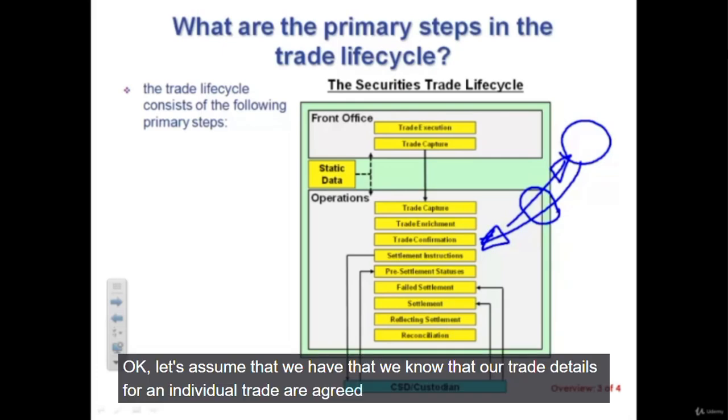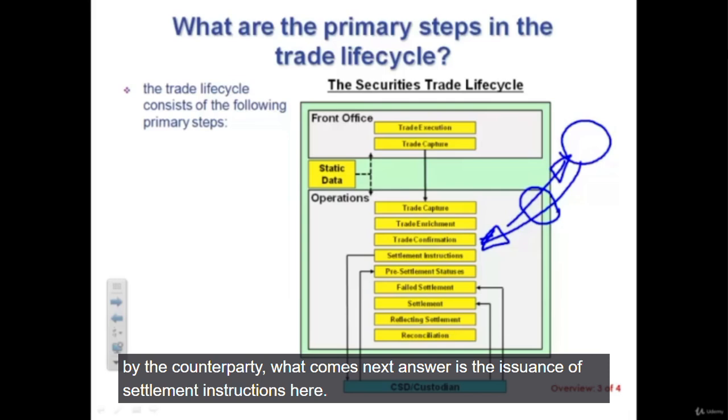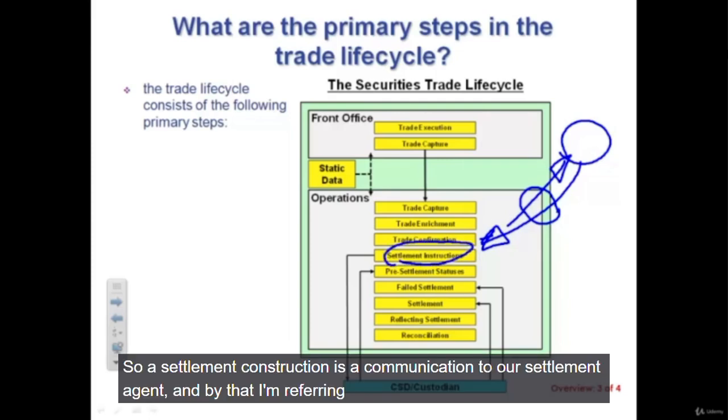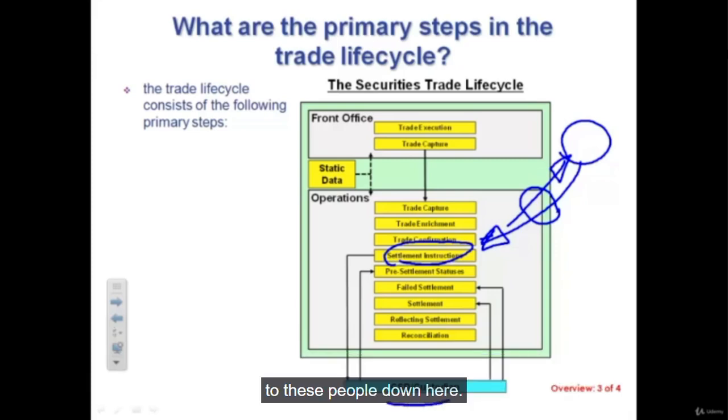Okay, let's assume that we know that our trade details for an individual trade are agreed by the counterparty. What comes next? Answer is the issuance of settlement instructions here. So a settlement instruction is a communication to our settlement agent, and by that I'm referring to these people down here.